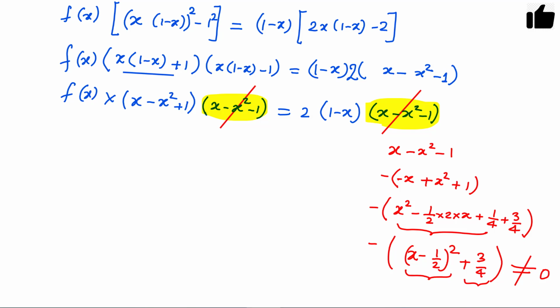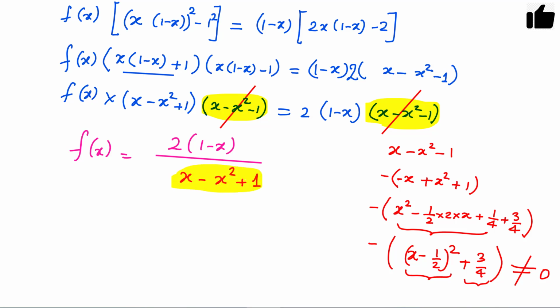So now what will be f(x)? f(x) will be 2 times (1 minus x) divided by (x minus x square plus 1). Now of course, this term should not be 0, so the domain will not have this term equal to 0. So what are the x for which this term is 0?